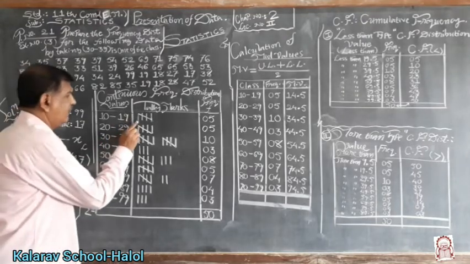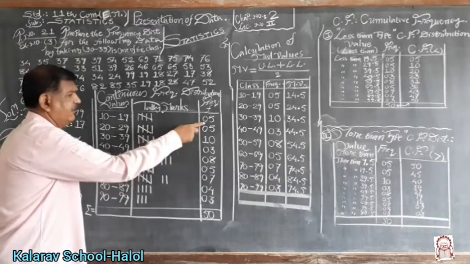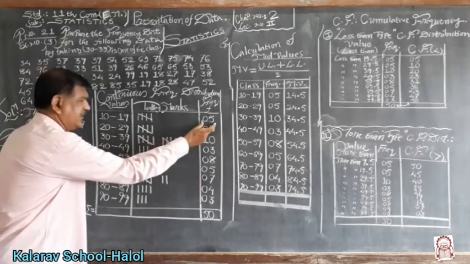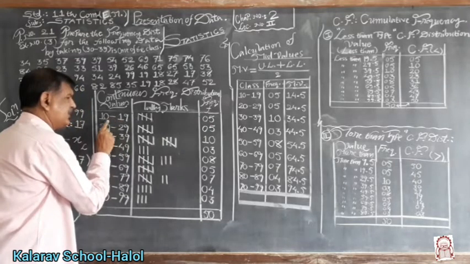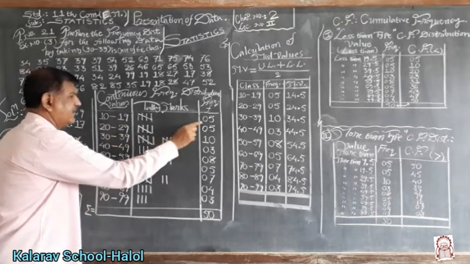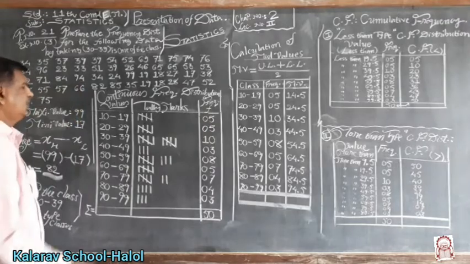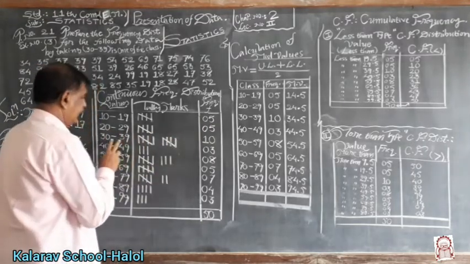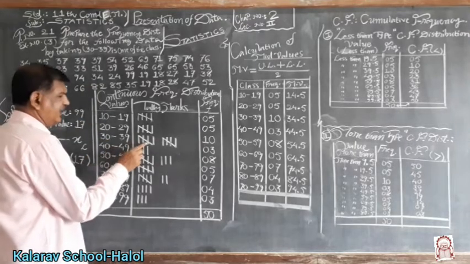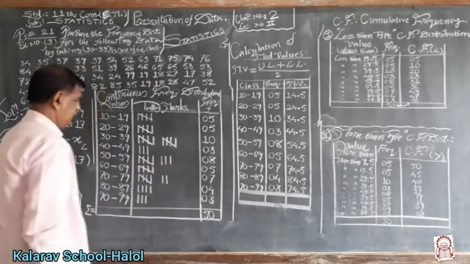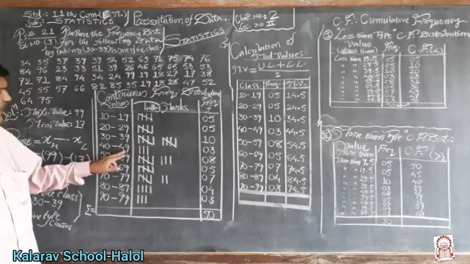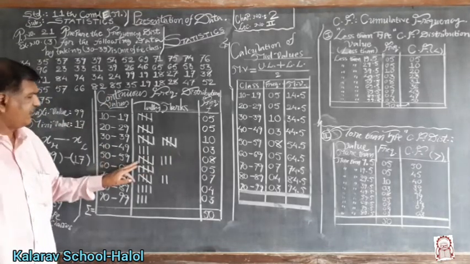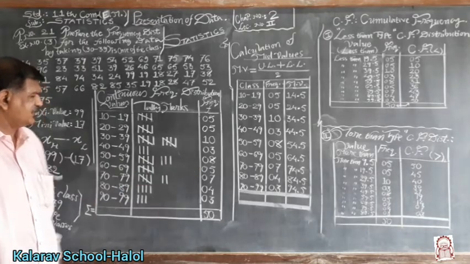Count these values: 1, 2, 3, 4, 5. 5 is the frequency of the first class, 10 to 19. For 20 to 29, the frequency is also 5. For 30 to 39, 5 plus 5 means 10. Once again, for 40 to 49, 1, 2, 3, the frequency is 3. For 50 to 59, 5 plus 3 means 8 is the frequency.